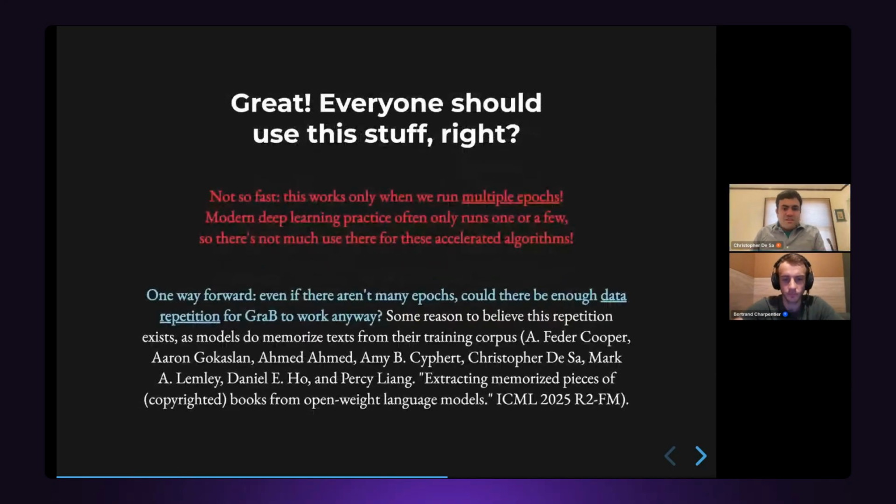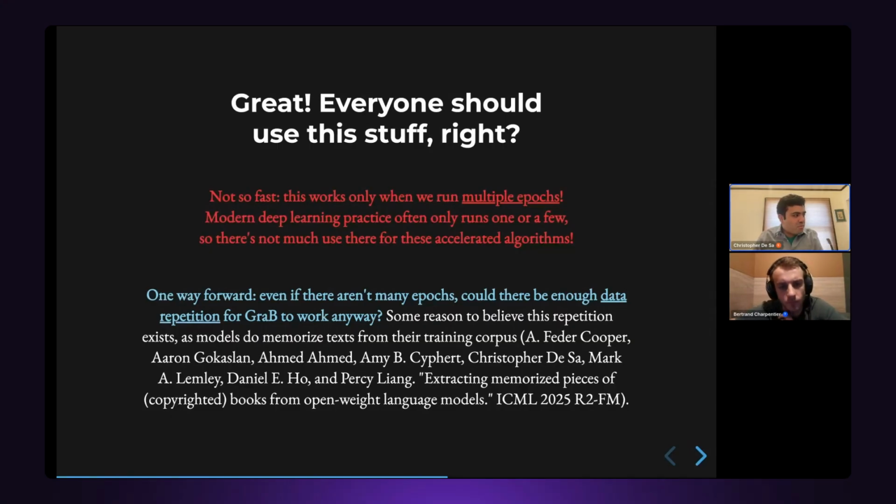epoch. There's some reason to believe that even if we're running one epoch, there could be some amount of data repetition, at least conceptual data repetition, allowing gradient balancing to work. Just as some cursory reasons to believe that might exist, we know also from some of our work that there are some texts that are memorized by large language models.